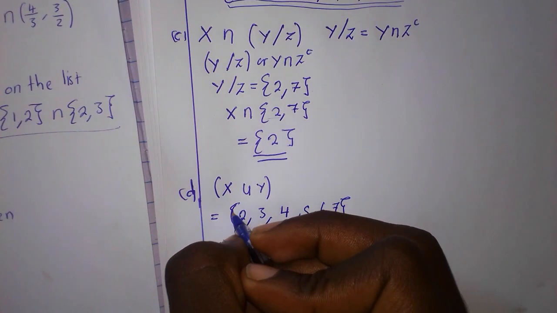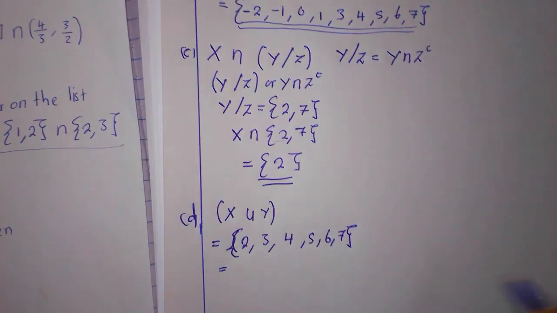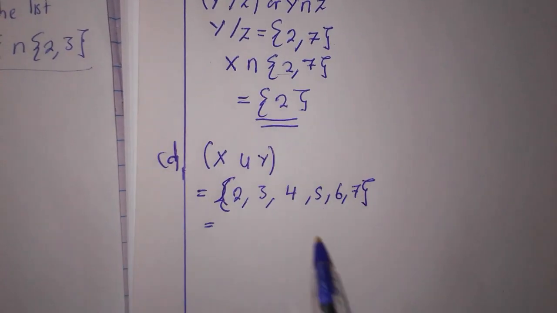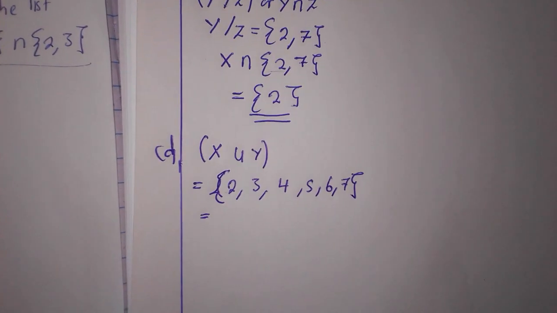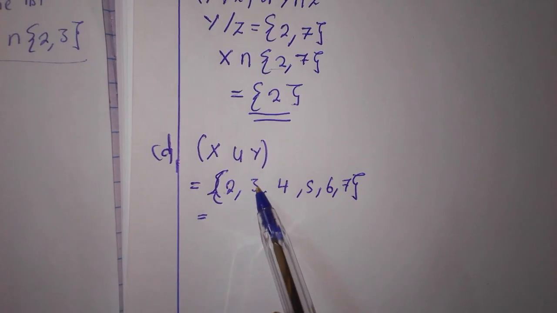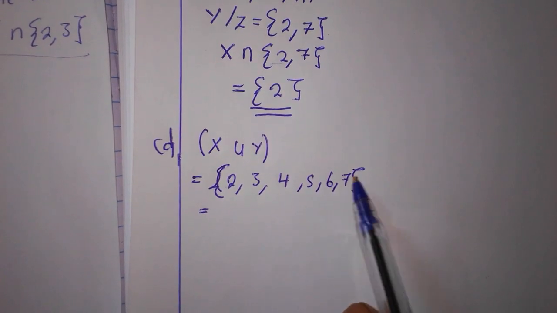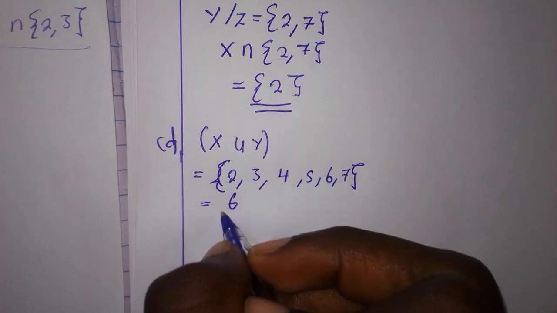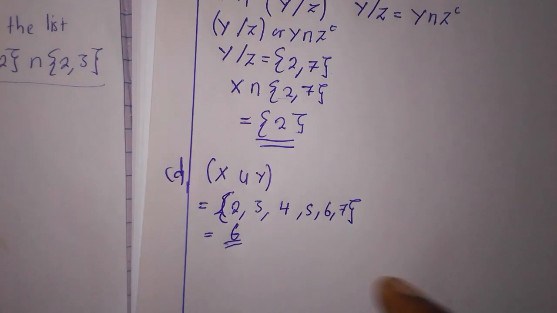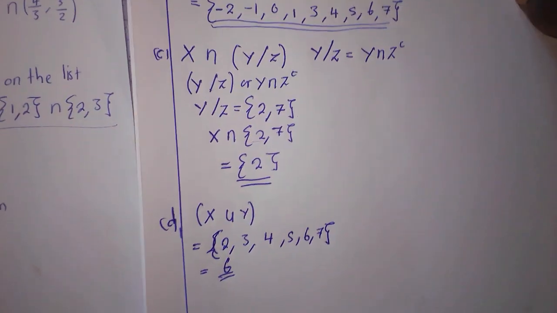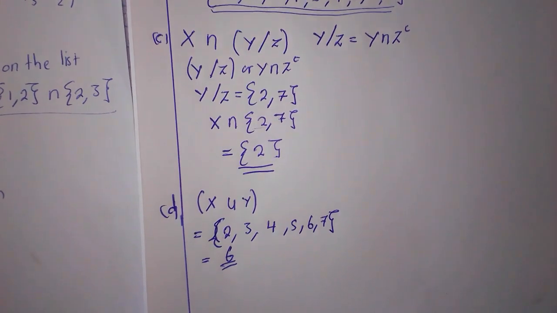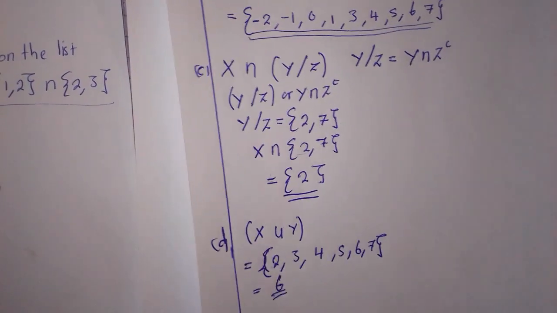Now cardinality simply means that we count all the numbers that are in here, and that is our final answer. So we have 1, 2, 3, 4, 5, 6. Therefore, our final answer is 6, like this. Okay. So this is how you answer this particular question.